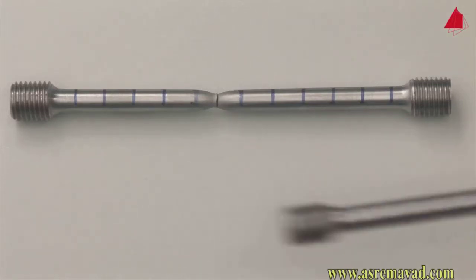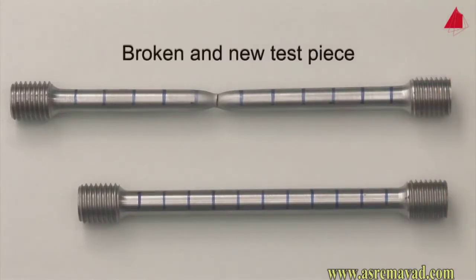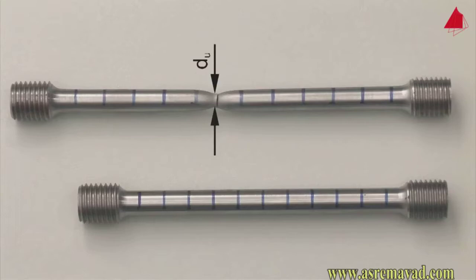This is the permanent strain after fracture and amounts to about 30% in this example. Please note that the percentage elongation after fracture depends on the length to diameter ratio. By measuring the smallest diameter at the point of fracture, the percentage reduction of area can be calculated. It describes the reduction of cross-sectional area at the point of fracture in relation to the original cross-sectional area.